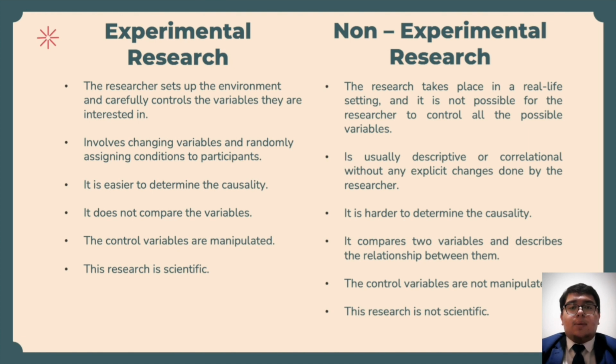Experimental research involves changing variables and randomly assigning conditions to participants, while non-experimental research is usually descriptive or correlational without any explicit changes done by the researcher. In experimental research, it is easier to determine causality, while for non-experimental research, it is harder to determine causality.